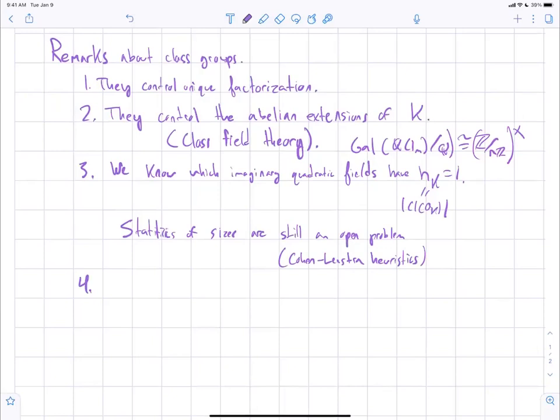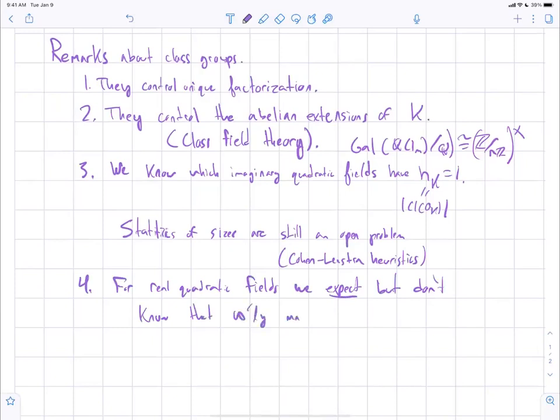For real quadratic fields, we expect but don't know that infinitely many have class number 1.